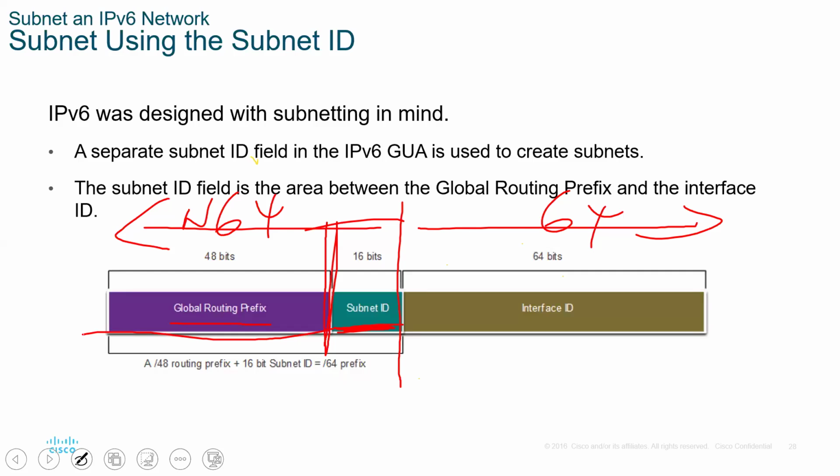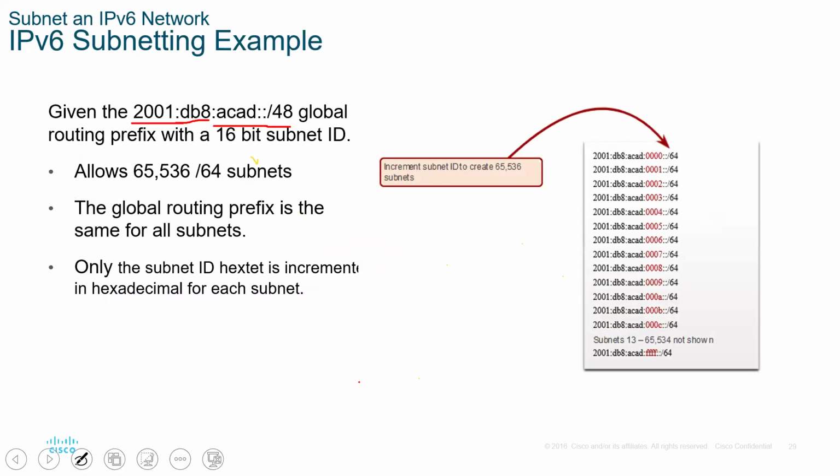That's why we said it is best to always use /64. Now, if you add the 16 bits of subnet ID to the global routing prefix, it will increment and give you a /64.